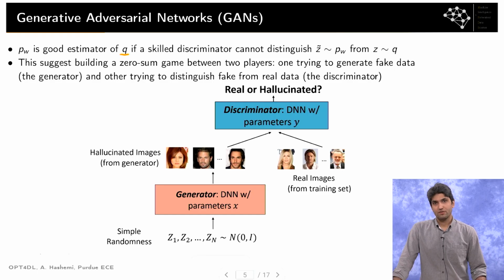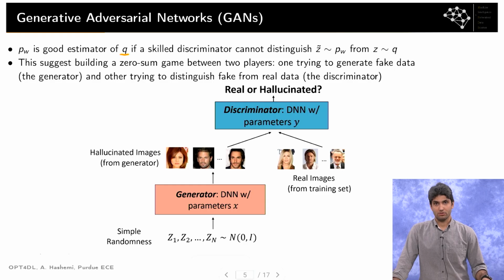In particular, we assume that we have some generator, described by this distribution P_W, that takes some random noise and transforms it to some nice distribution that aims to approximate the underlying distribution. We call that the generator.